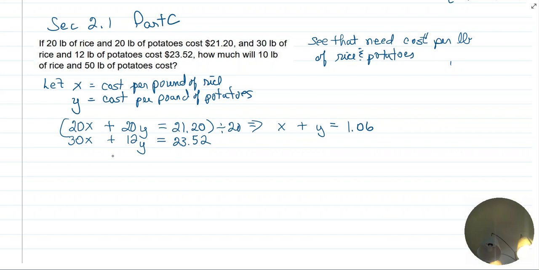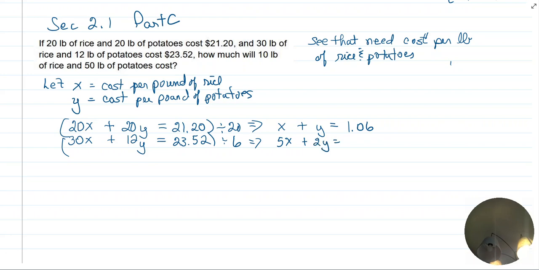Okay, then on this one, I noticed that 30 and 12 share a 6. So I'm going to divide by 6, and I would get 5x plus 2y.